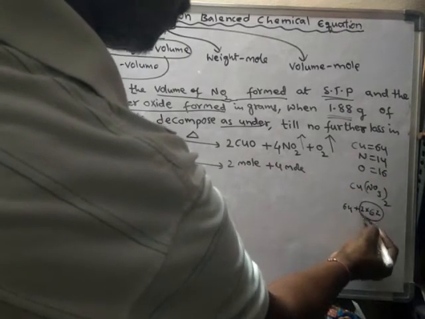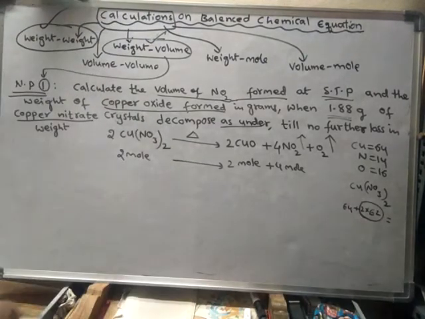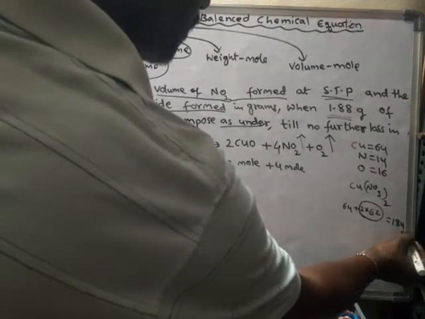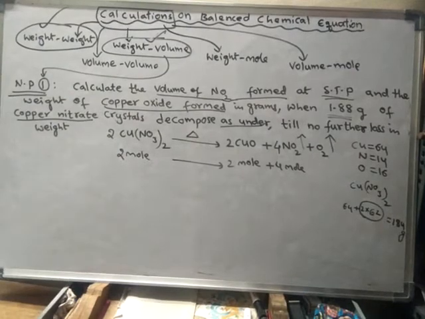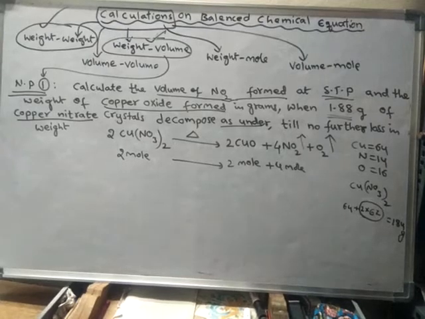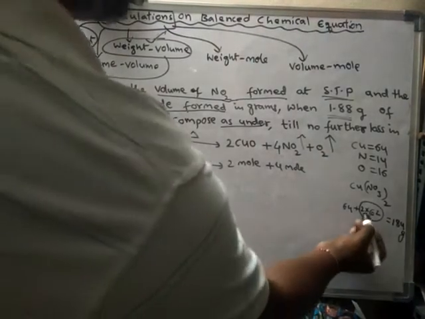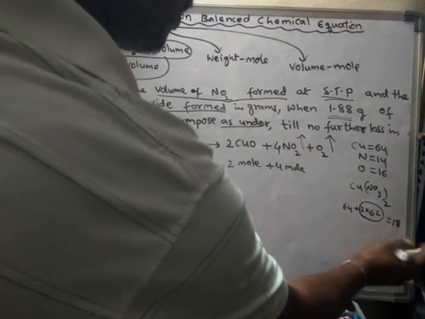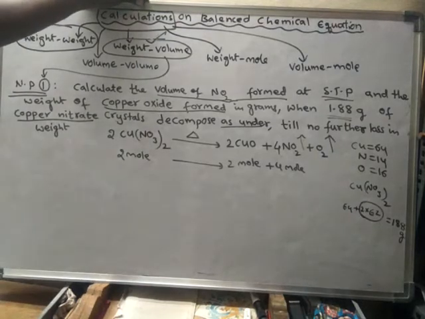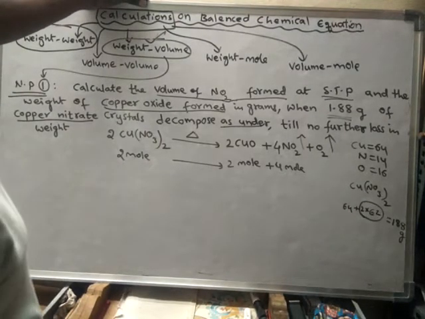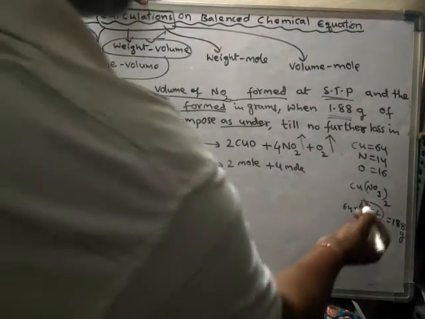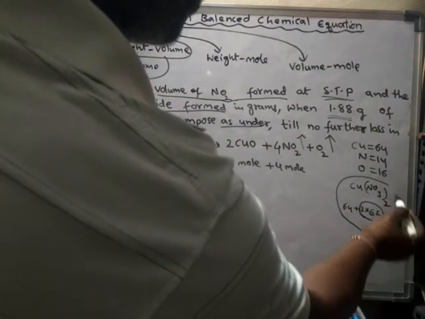So 124 plus 64, that is 188 grams. So 1 mole of copper nitrate weighs 188 grams.